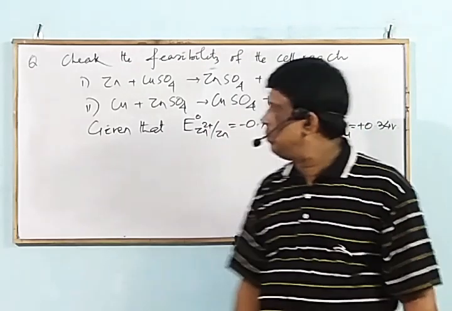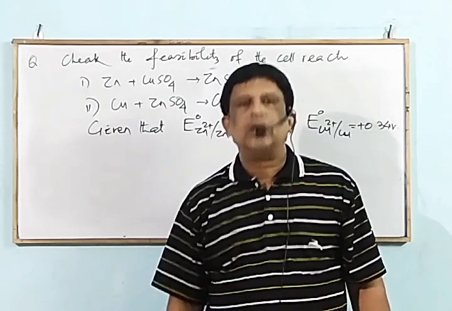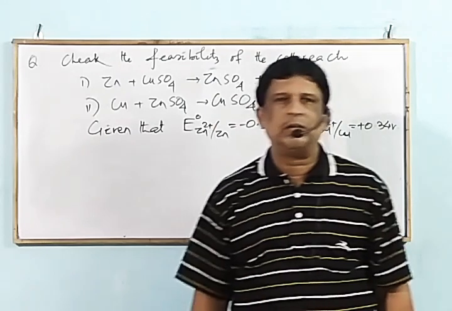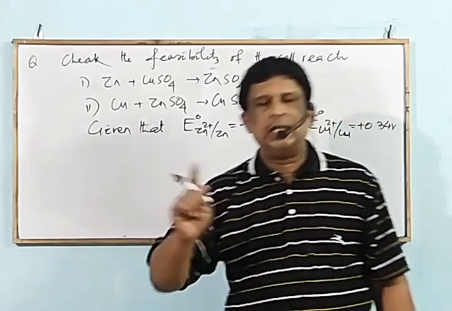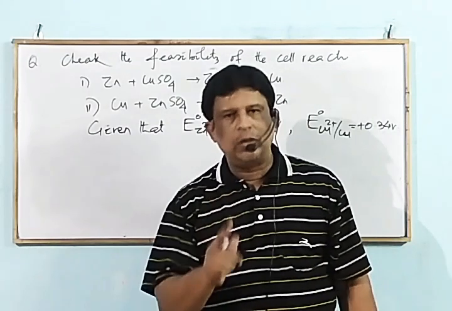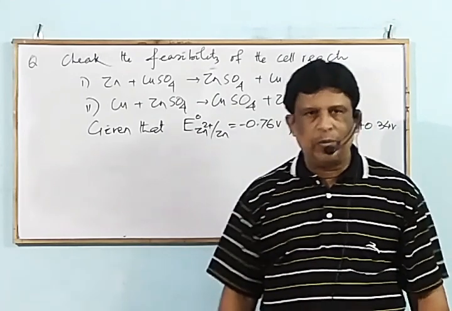Mark the question. Two cell reactions are there. We have to check which one is correct and which one is not, meaning which cell is functioning and feasible. So try one by one.